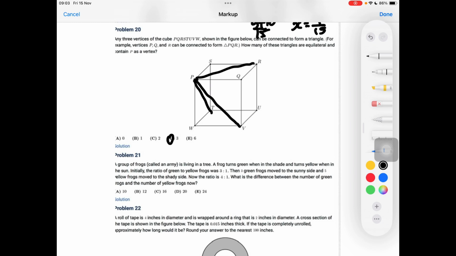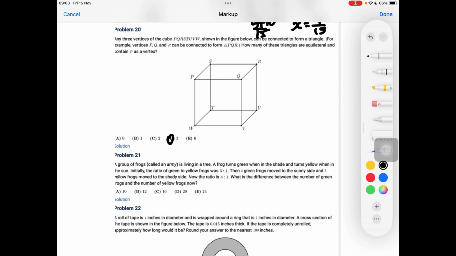Can we find another? Because for example, if I find like this, I cannot make an equilateral triangle. I mean, I can make a right triangle, but this is not equilateral.